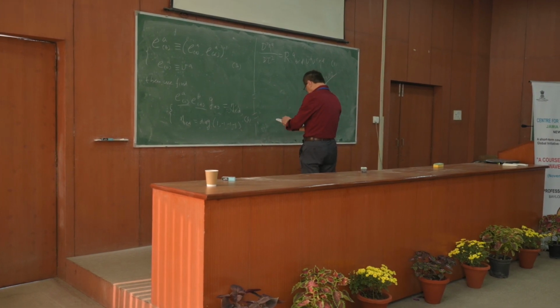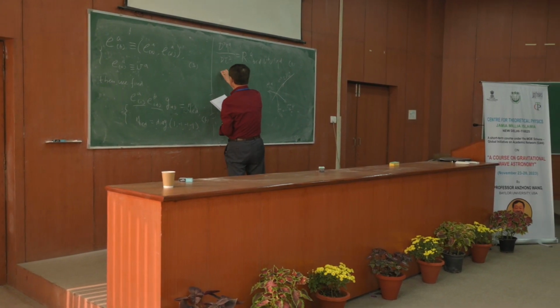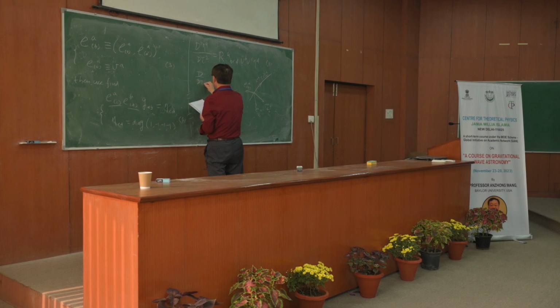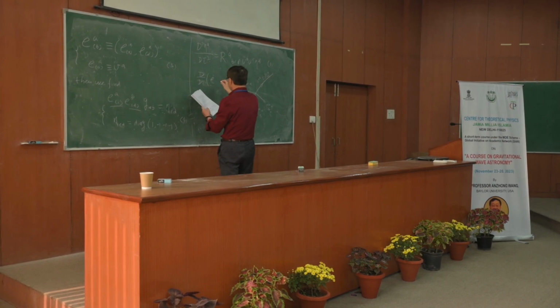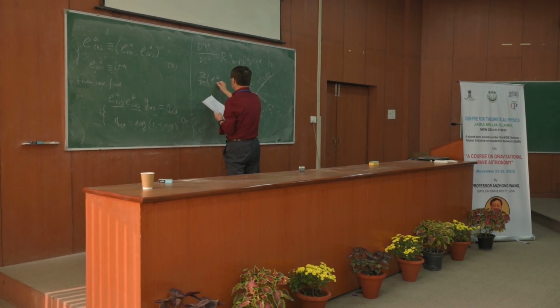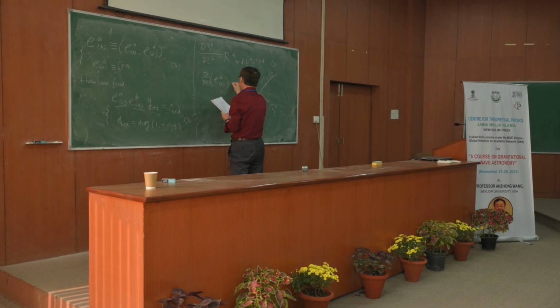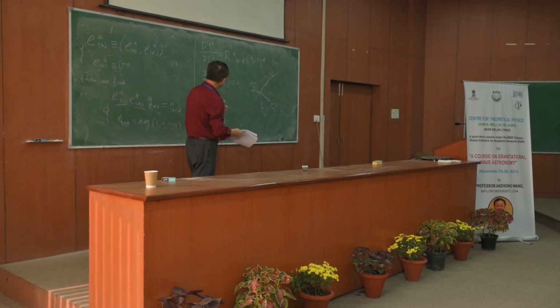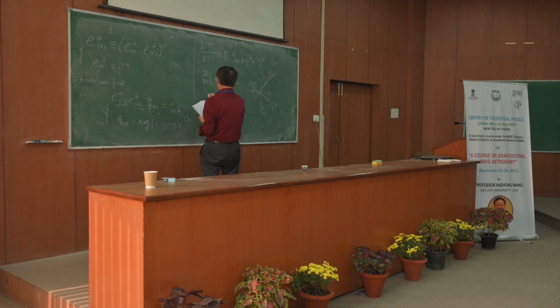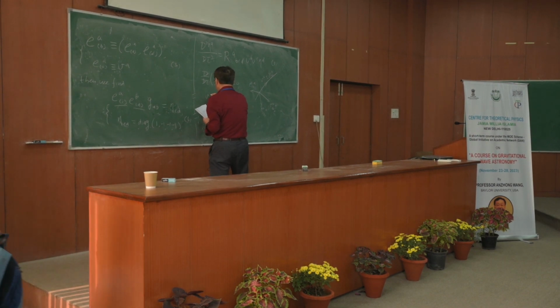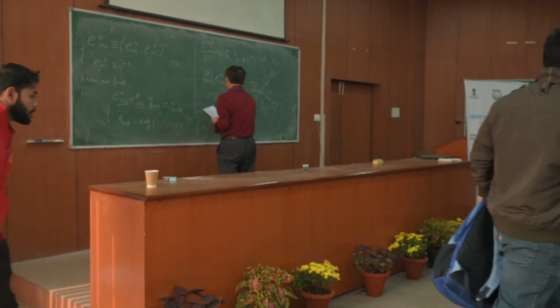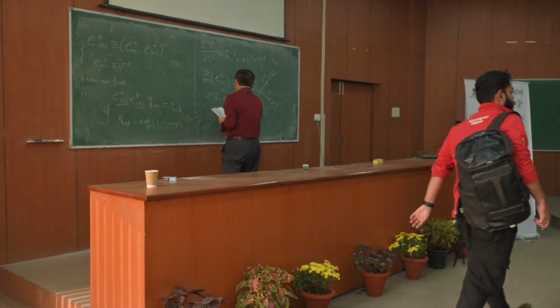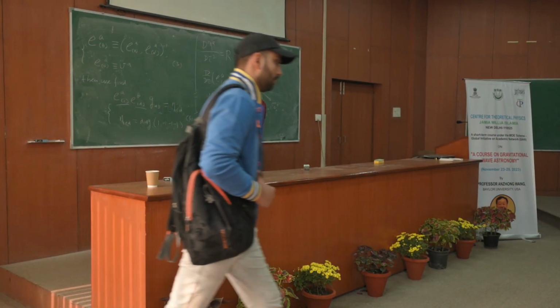So what I require is that D tau of E A alpha equals 0, right? This is equal to V A delta A E B alpha equals 0, right?